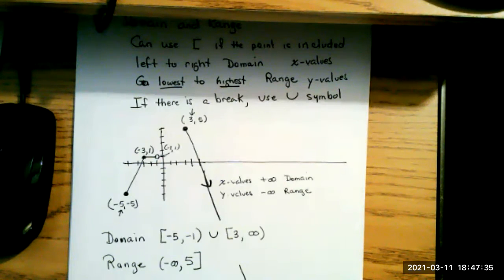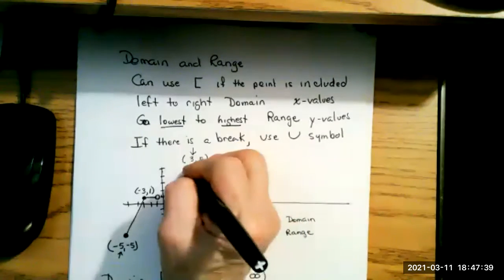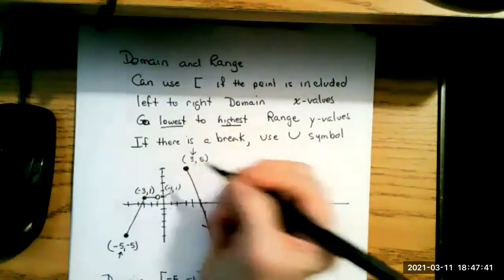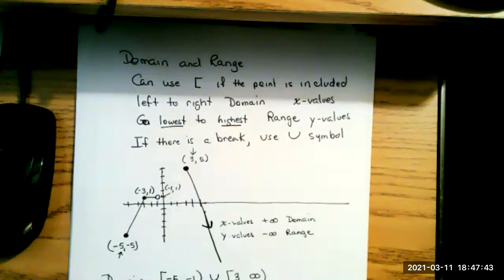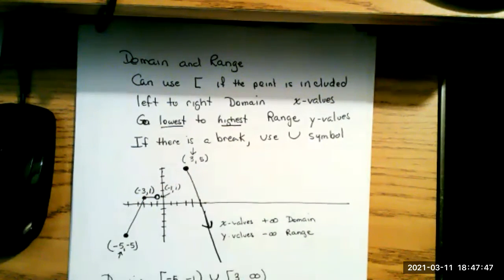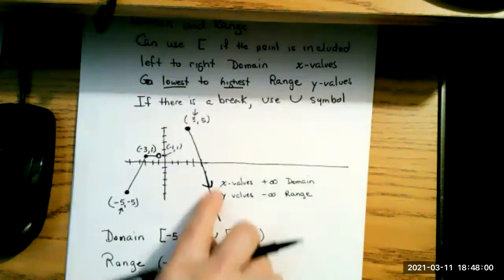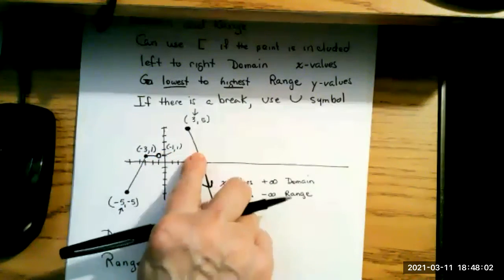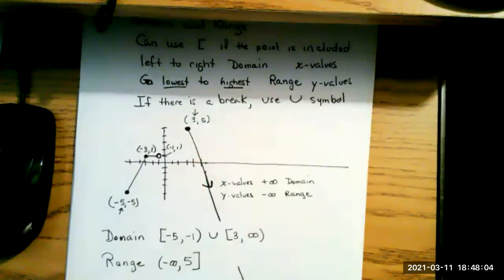When you asked, does it include it, what do you mean by that? That means, is this little dot solid? If it is, it's included. If it's open, it's not included. See how that one is a little circle? So it doesn't include that one. But it doesn't matter anyway on the Y, because for this value that comes across here, there's another one that is included, so it doesn't matter.